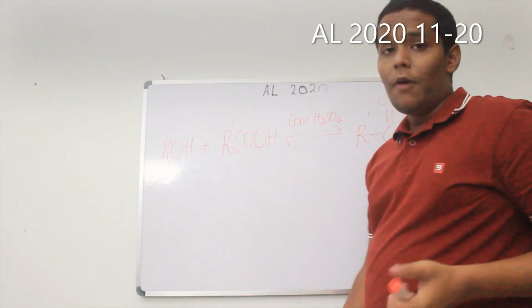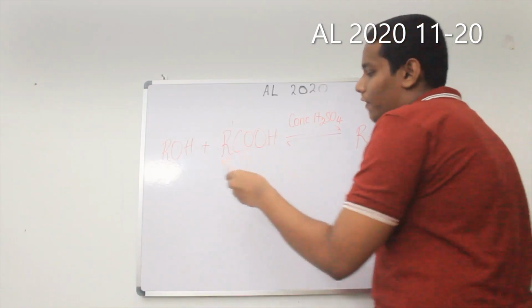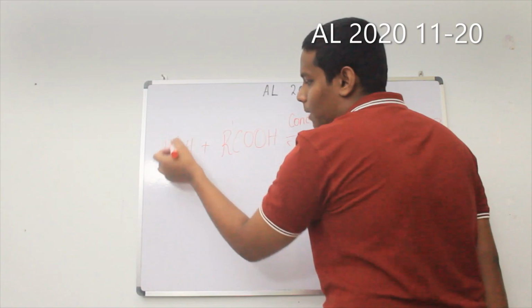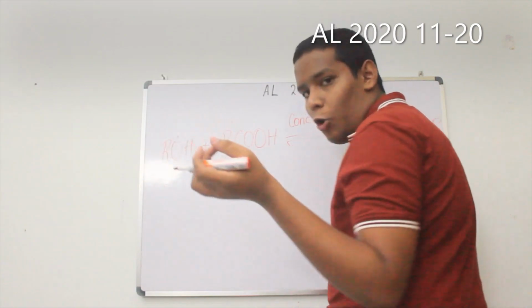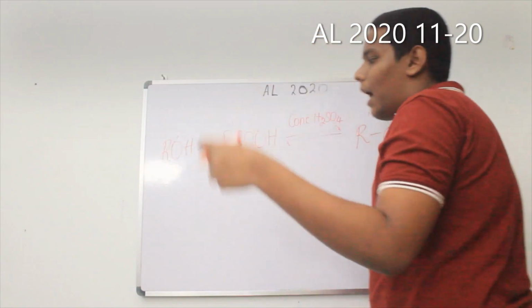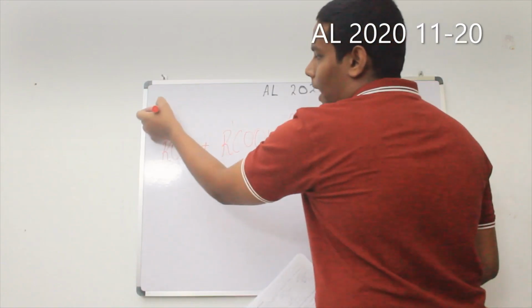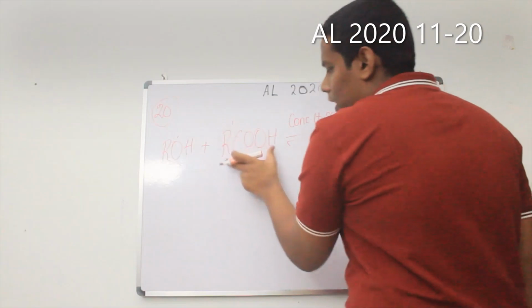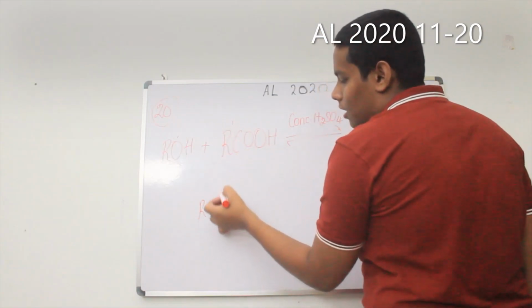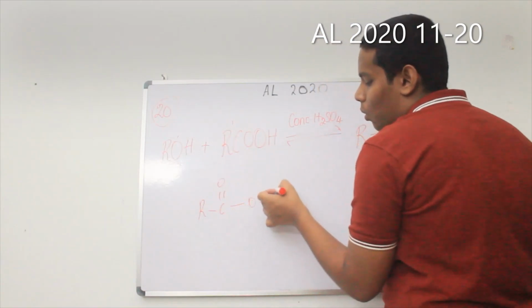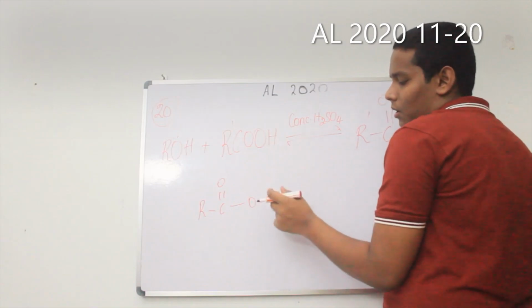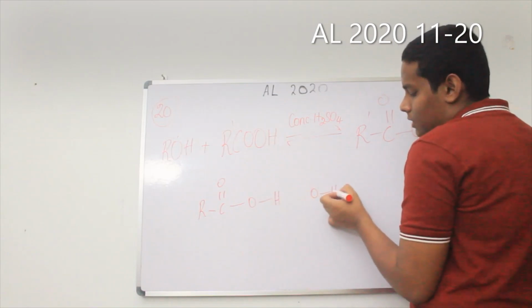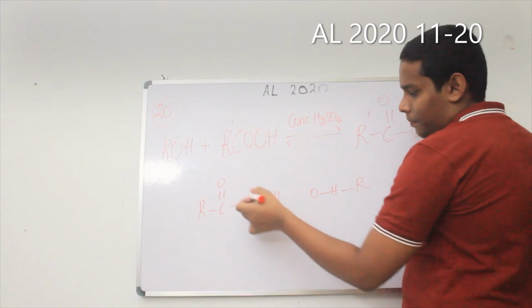This is a type of nucleophilic substitution reaction. You know why it's substitution? It's nucleophilic because ROH has lone pairs that can be donated. So the lone pair is donated. Why is it substitution? If you consider the carboxylic acid, RCO, OH, and this is OHR.